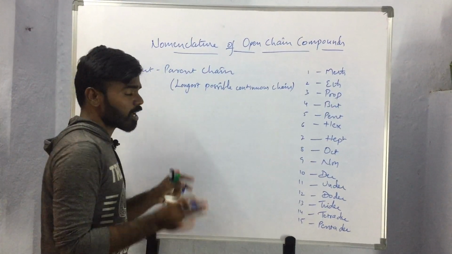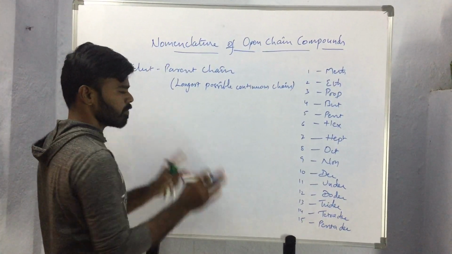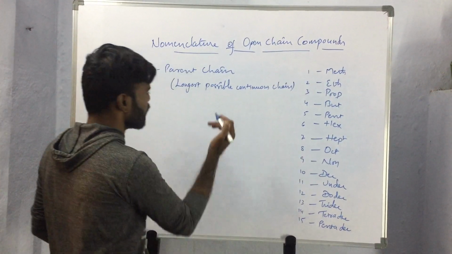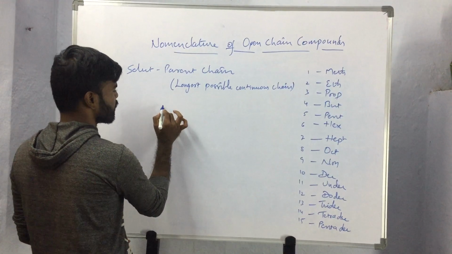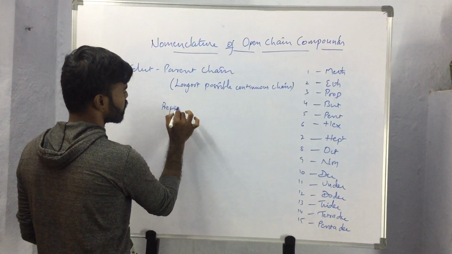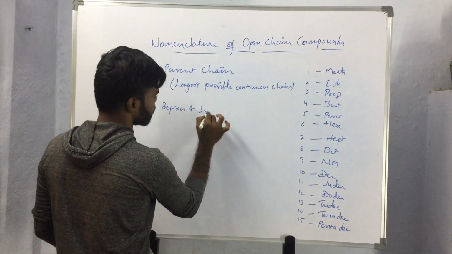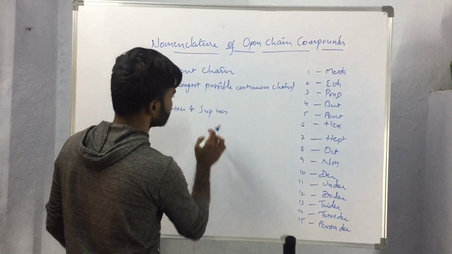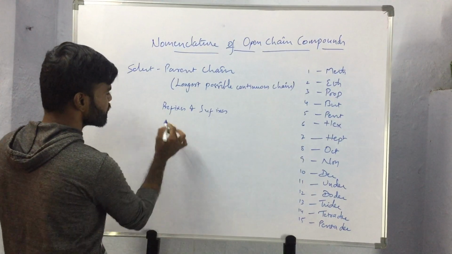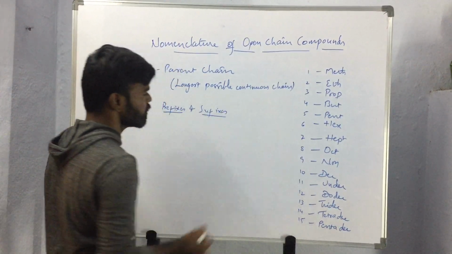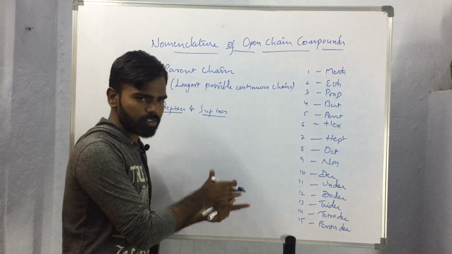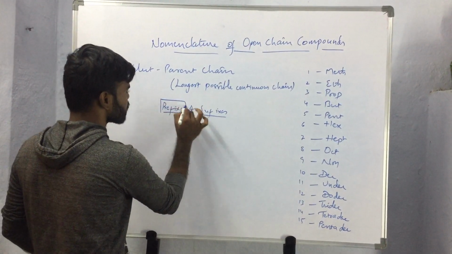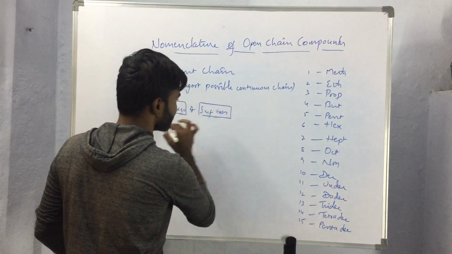If the compound is unbranched, then no problem. The compound itself will be considered as the parent chain, and while naming the compound, we will be having prefixes and suffixes. By adding these prefixes and suffixes, we will be getting the names of the respective compounds. What prefix is and what suffix is, we discussed in detail.